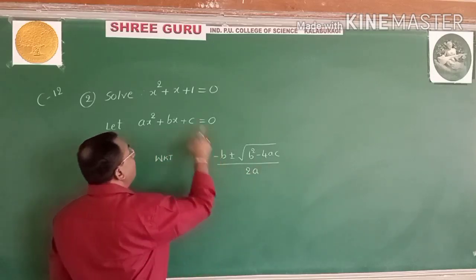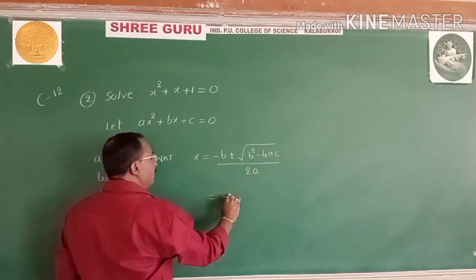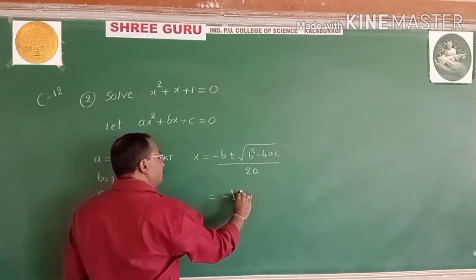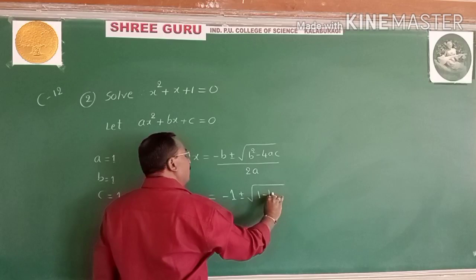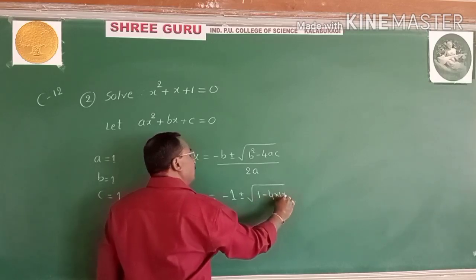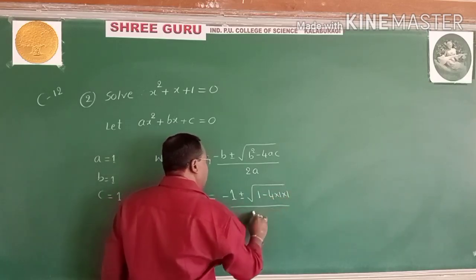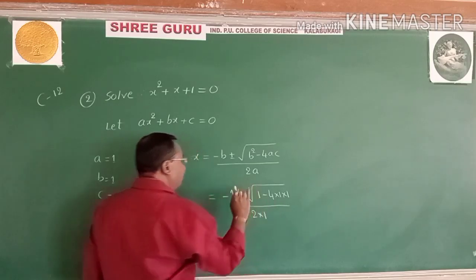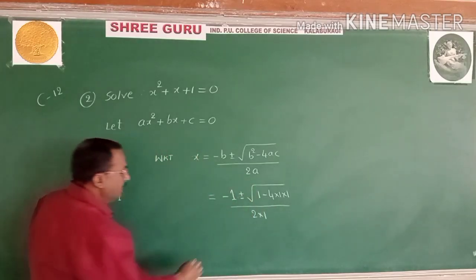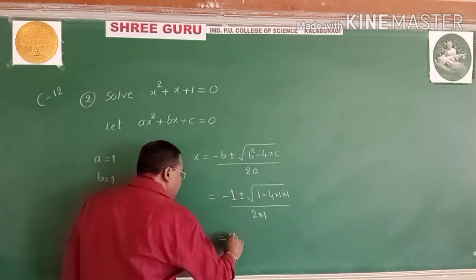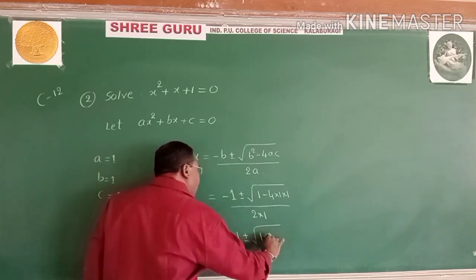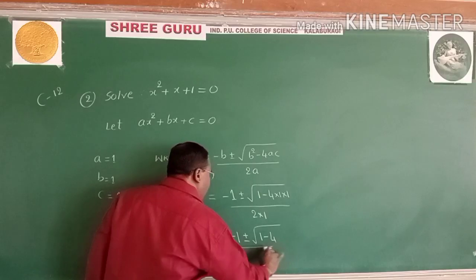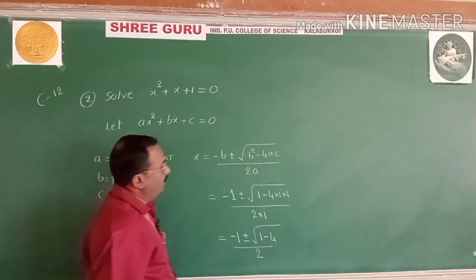Substituting the b value, b is 1: minus 1, plus or minus square root of b square, 1, minus 4ac, divided by 2 into 1. That is minus 1 as it is, plus or minus square root of 1 minus 4, divided by 2.